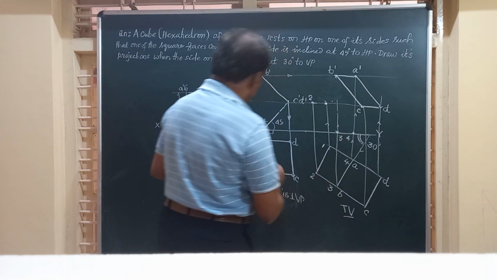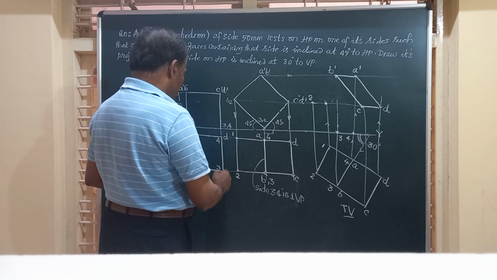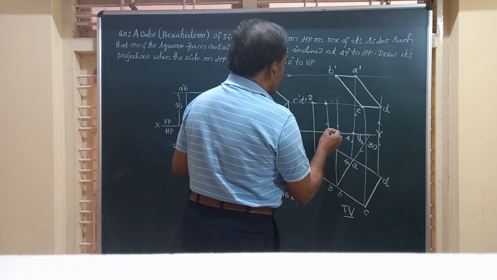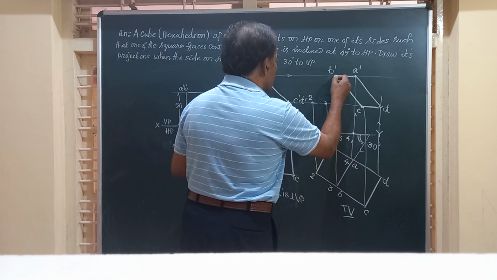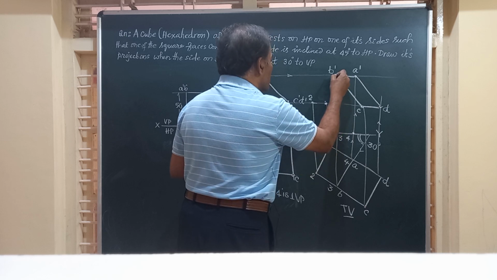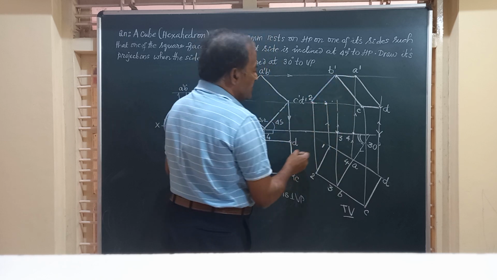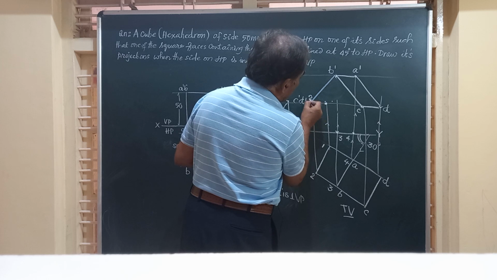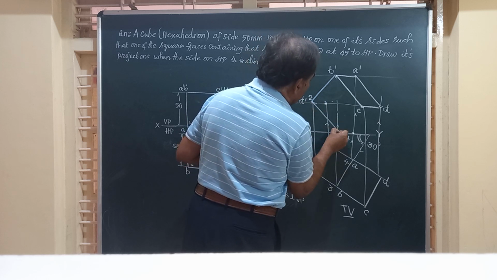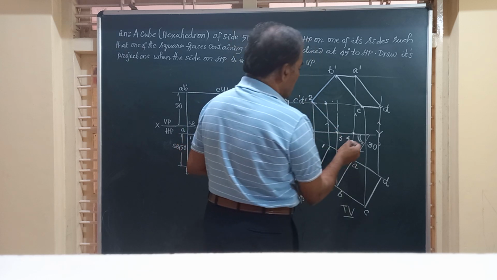So this is C3 and D4. Friends, I am going to join like this. The borders are visible. So this has to be joined like this. This has to be joined here and this.